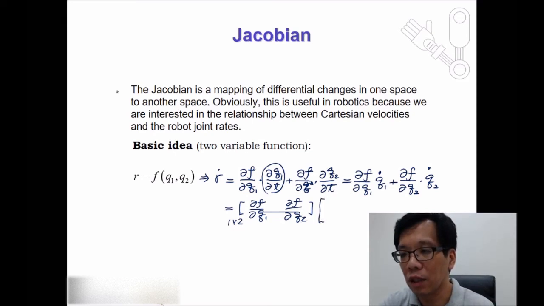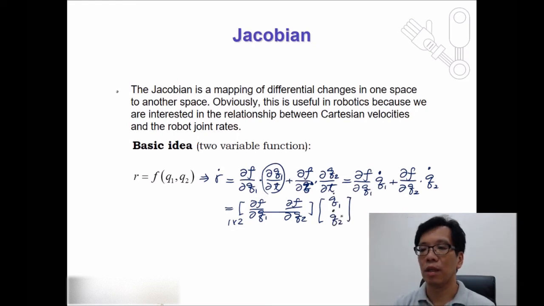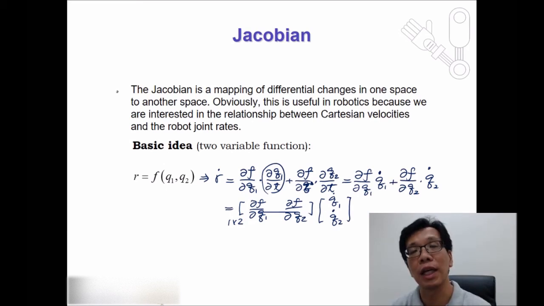And over here, we're going to have q1 dot and q2 dot. So if you see something like this, it means we can combine those two matrices together to find out my position change in space.